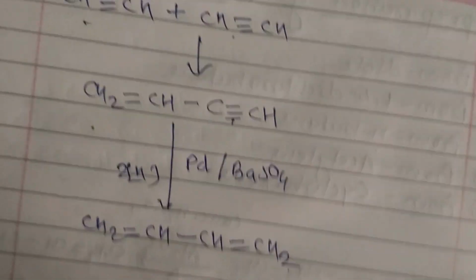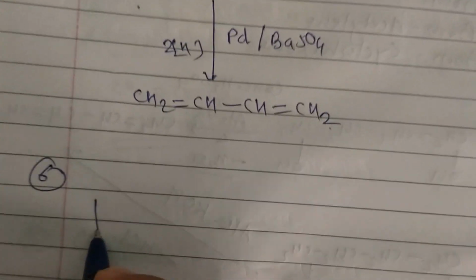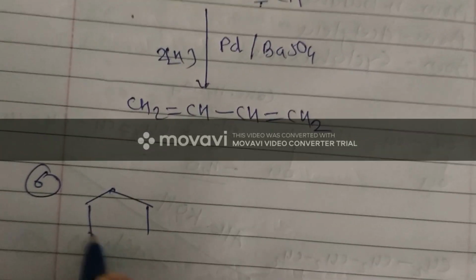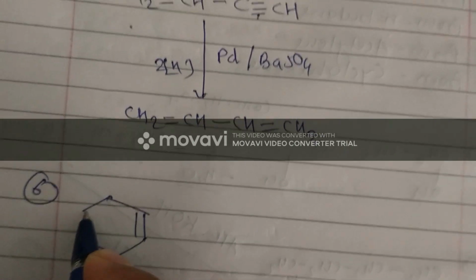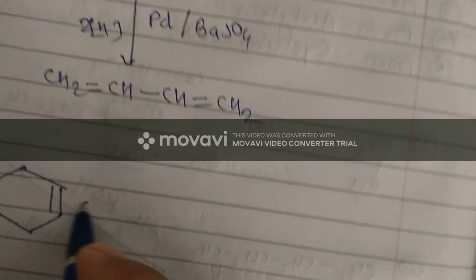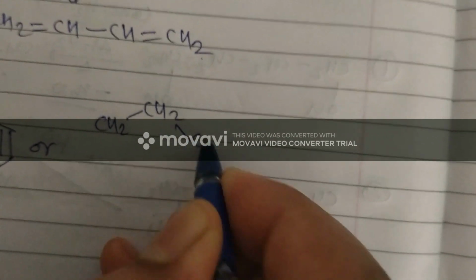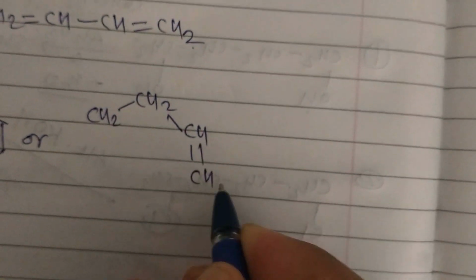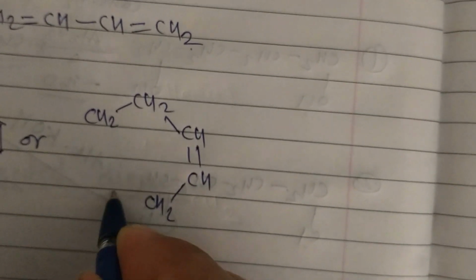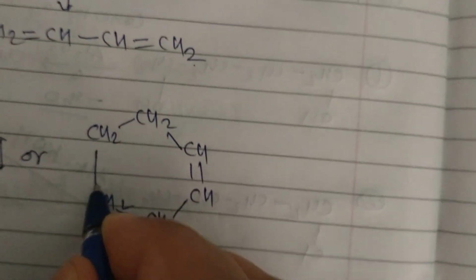Next, the last preparation, from cyclohexene. Cyclohexene means cyclohexane with the presence of one double bond. It is also written like this: CH2 CH2 CH=CH CH2 CH2.